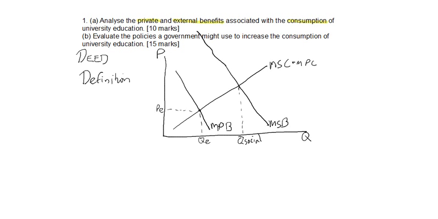So we can see we really want to be producing over here where marginal social benefit equals marginal social cost. The external benefit is the difference between these two lines, so marginal social benefit and marginal private benefit. So between A and B would be the external benefit.